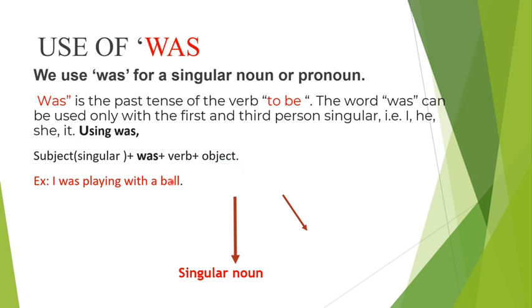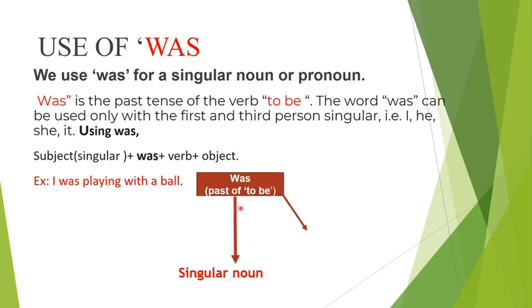Okay, so like this you can frame a sentence. And how you are framing sentence using was: subject singular plus was plus verb plus object. And then how are you going to use was? That picture is shown over here.